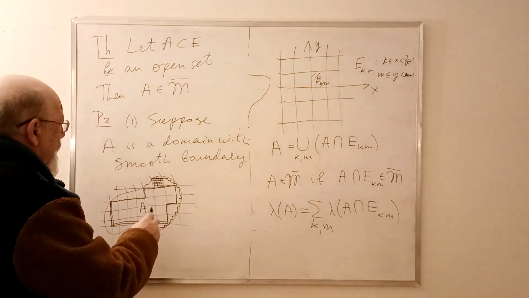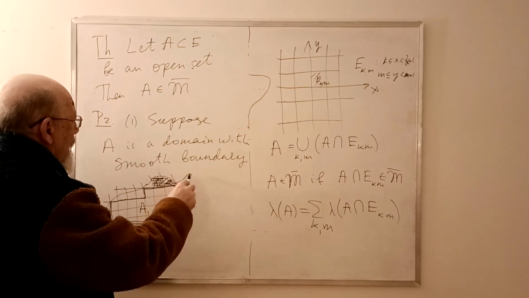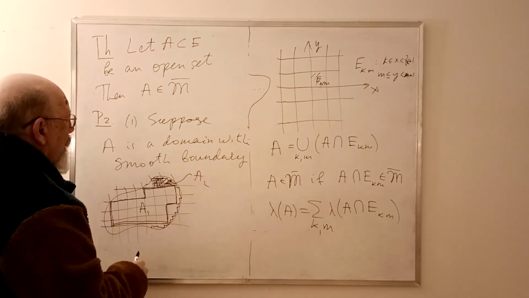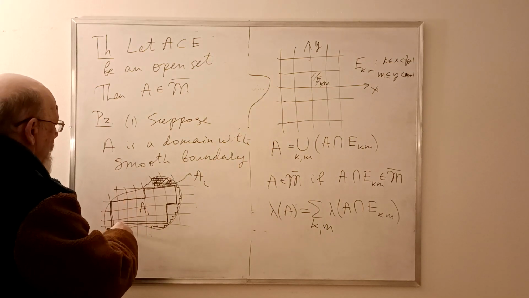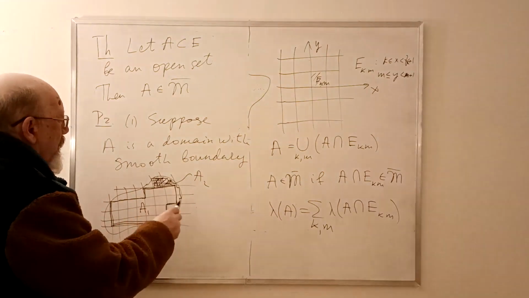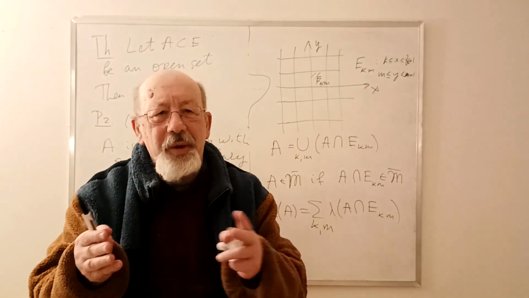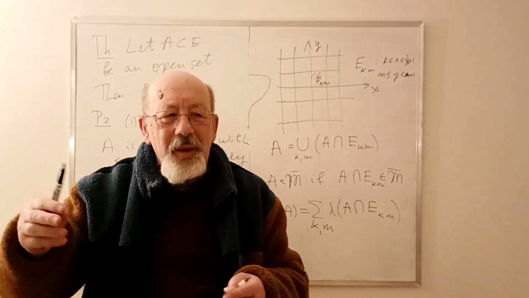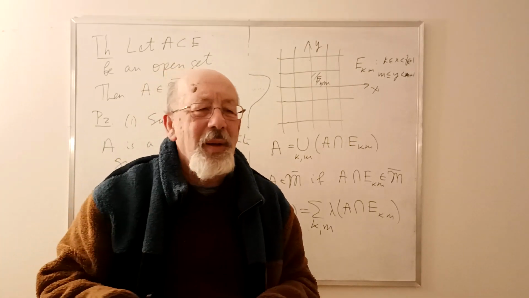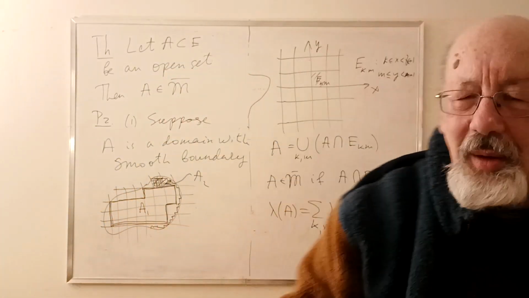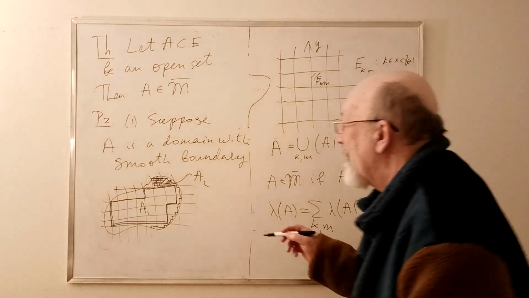This is A2. The remaining part, which is closer to the boundary, we treat the same way. If something remains there, we divide it into squares of much smaller size, and so on.